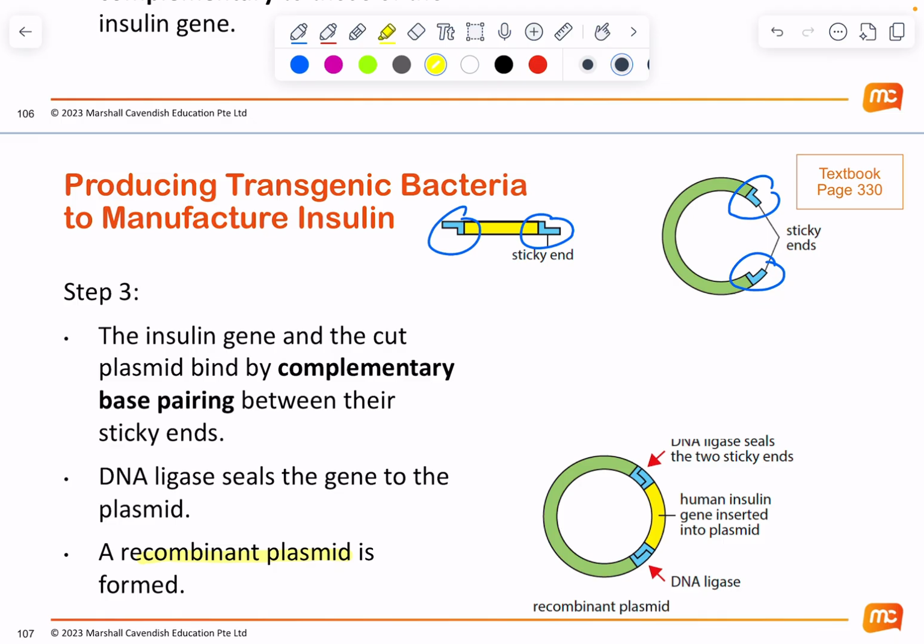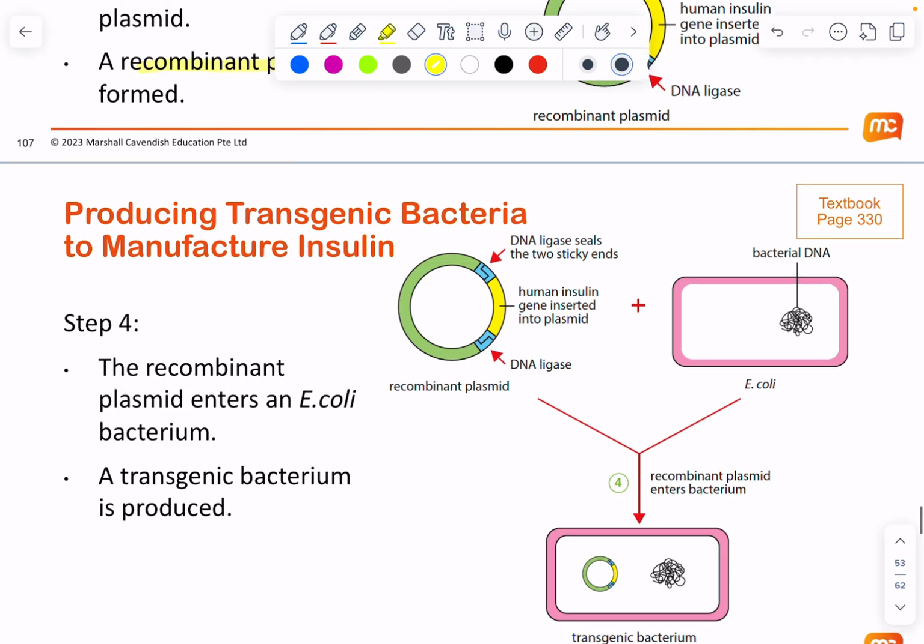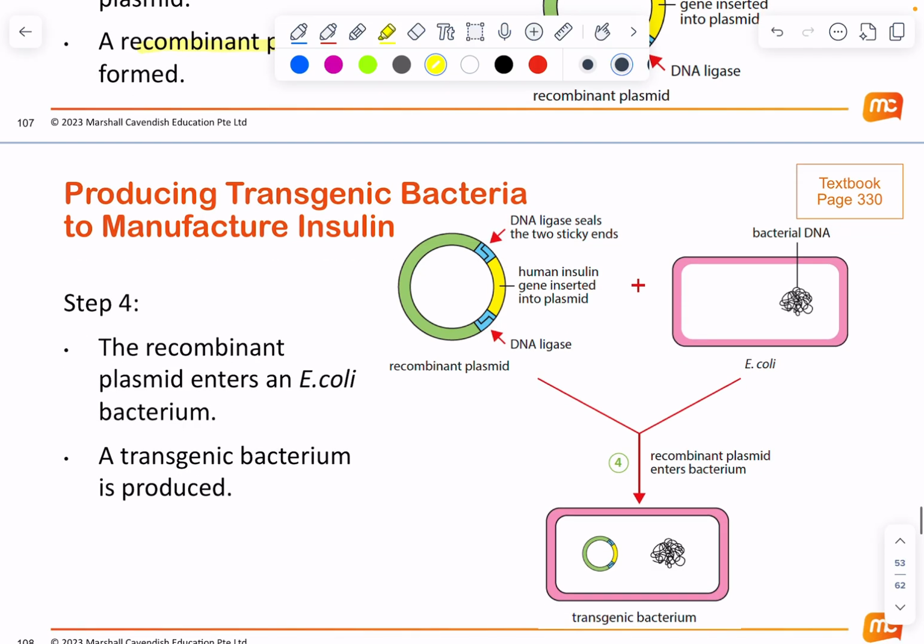Once we have this recombinant plasmid, we insert it back into E. coli bacteria. E. coli is the name of the bacteria. To insert it, we subject it to heat shock or electrical shock so that the recombinant plasmid is able to enter the bacterial cell. This produces a transgenic bacterium.